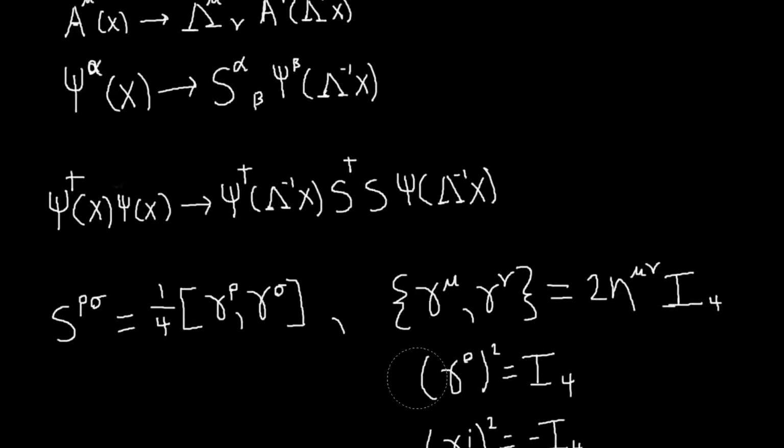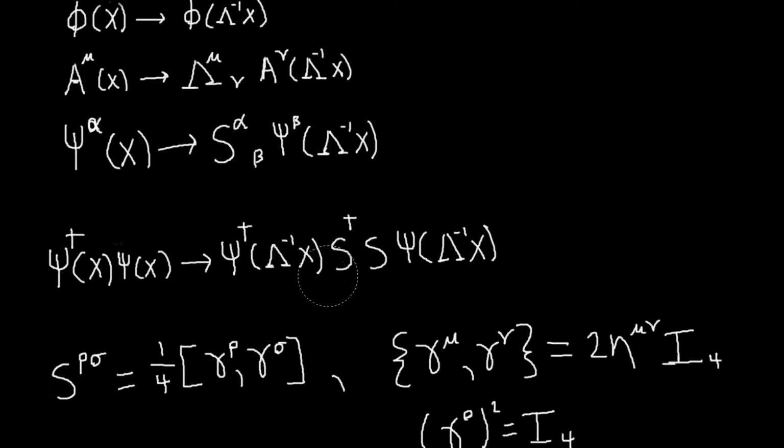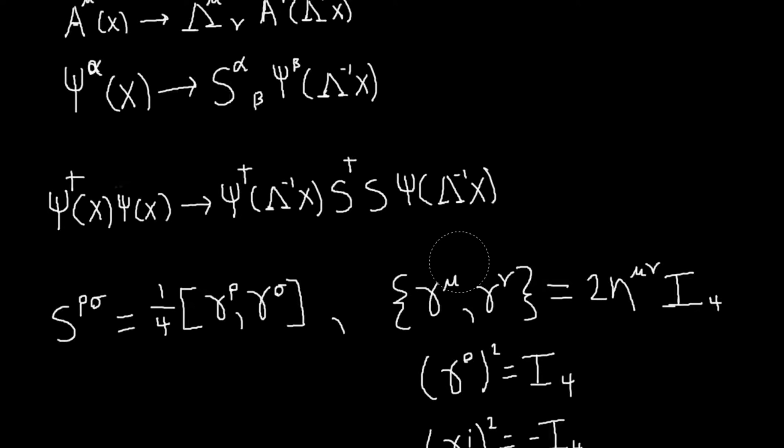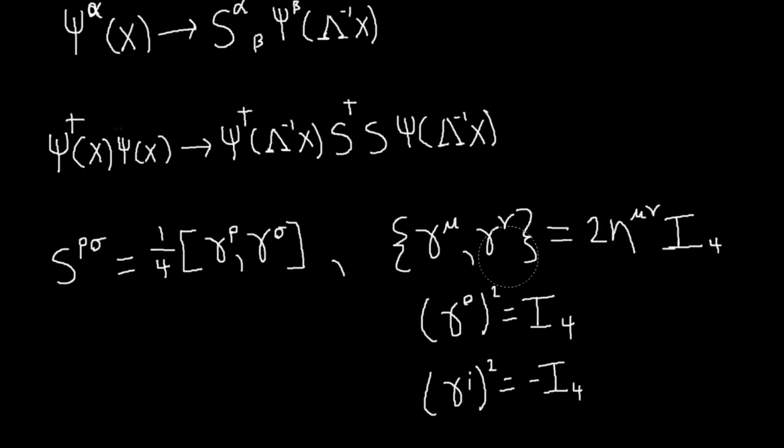So these are just some definitions, basically, of these S matrices. Basically, they're matrices that are defined by this commutation relation with these gamma matrices. And these gamma matrices are just any matrices that satisfy this anti-commutation relation. And then a couple of properties are that gamma 0 squared is the identity, and gamma i squared is minus the identity.